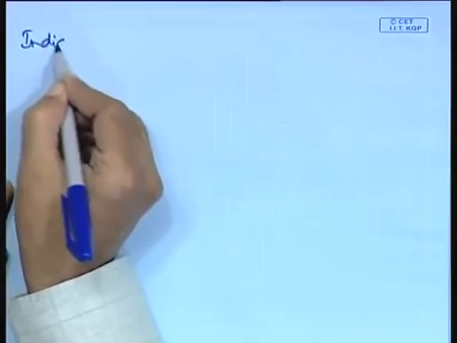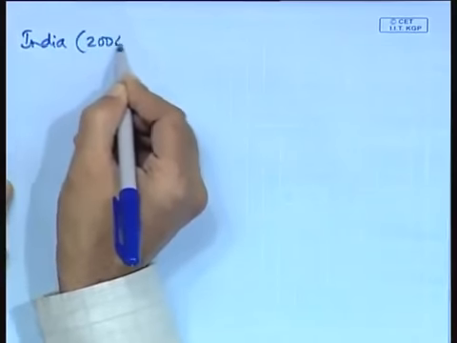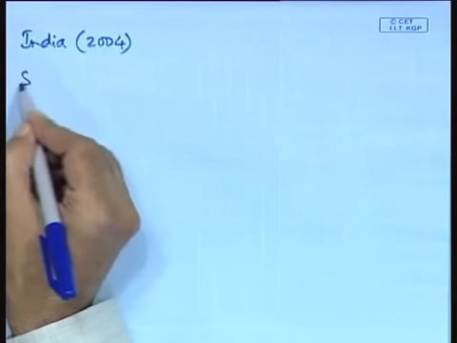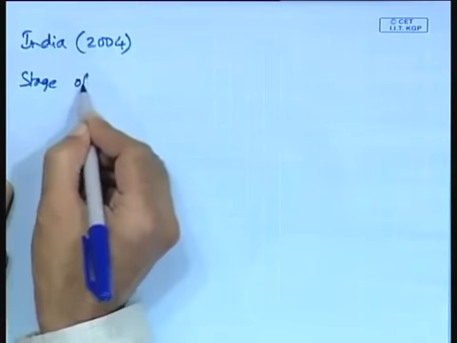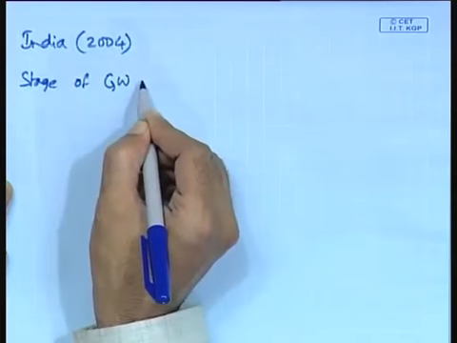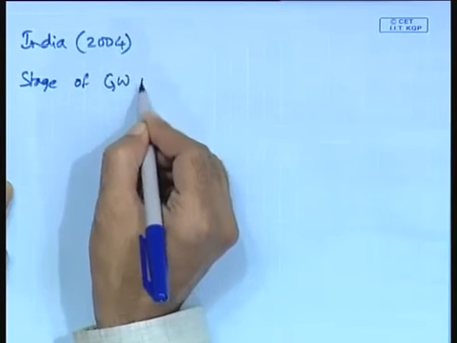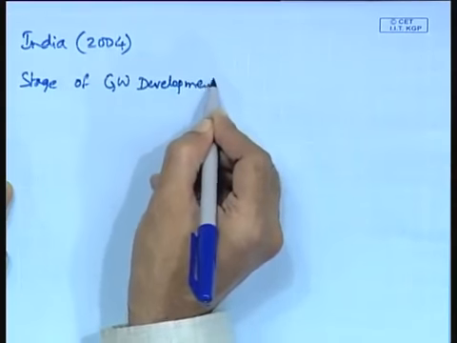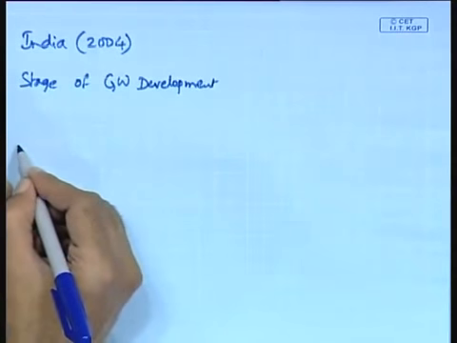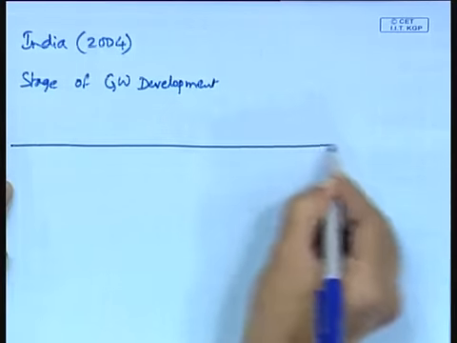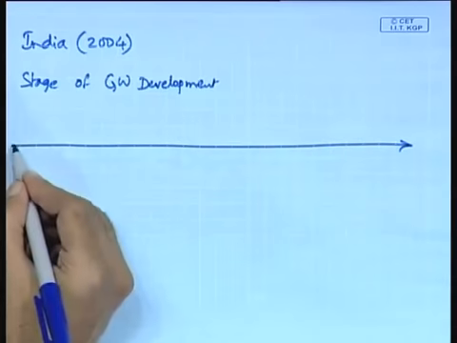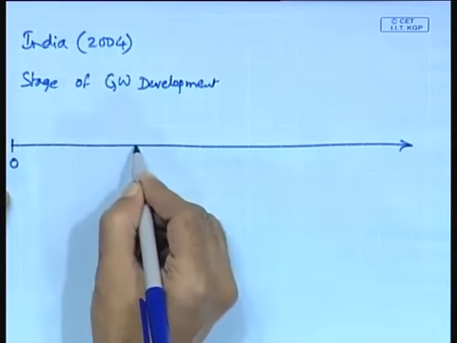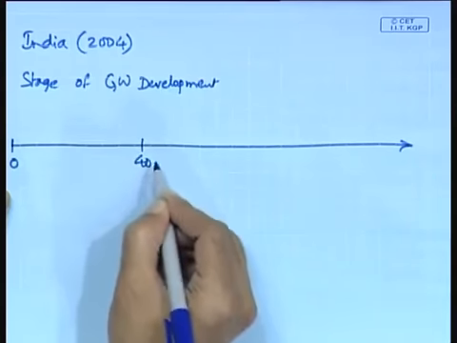So, that is India 2004, the stage of groundwater development. Let me present this on a scale here. This is 0 and here say 40%.